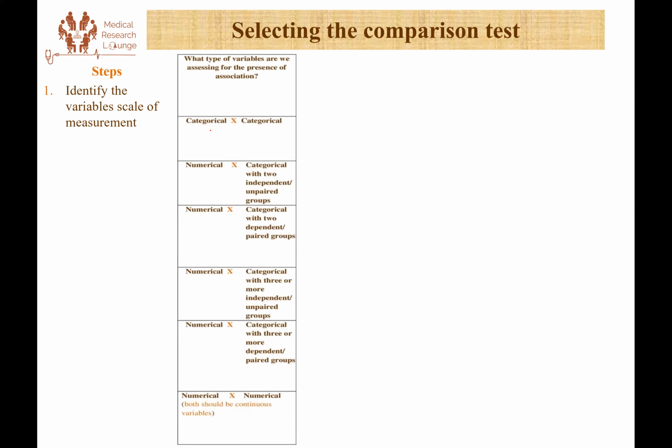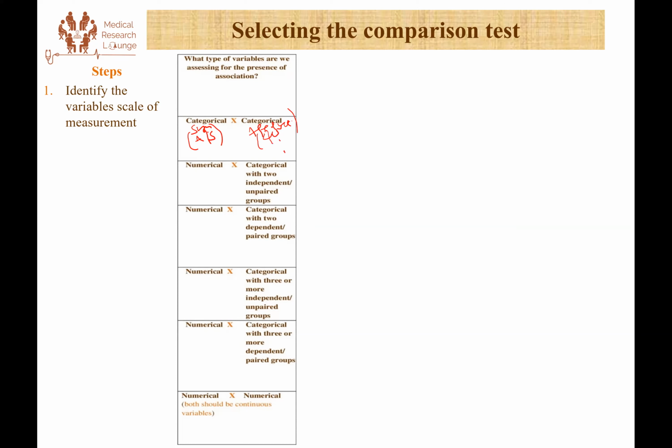In the article that I just showed you, we have symptom group, which is classified as asymptomatic and symptomatic. On the other hand, we have age group, which is classified into groups like 40 to 49, stuff like that. So both of these are categories.